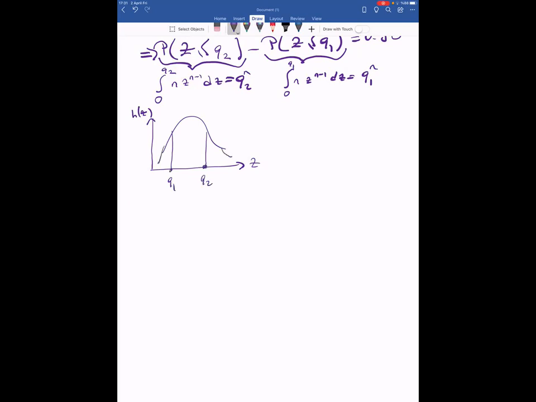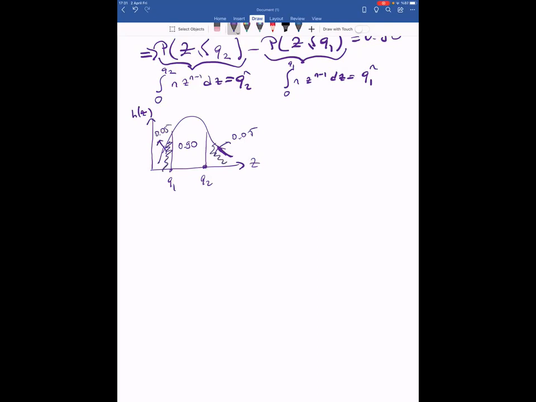Okay, so we know that this is 90%. Then we need to use equal tail probabilities. This means that for the tails, we have 10% when we equally distribute them. So this will be 0.05 and this will be 0.05. Okay, so these will be the tails.